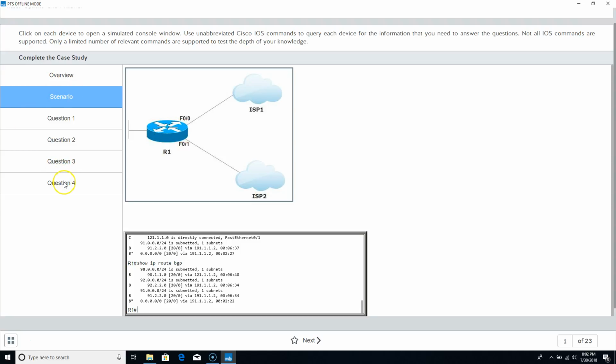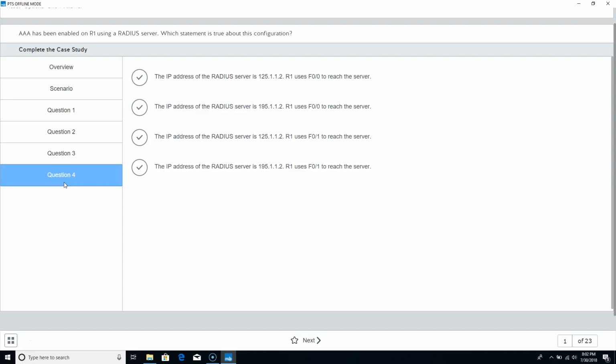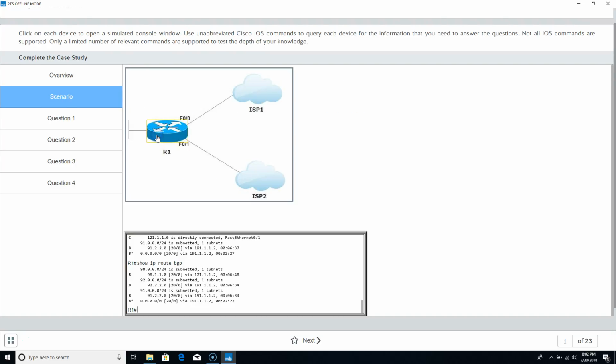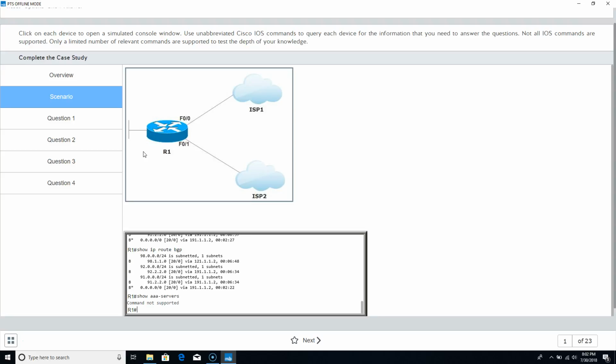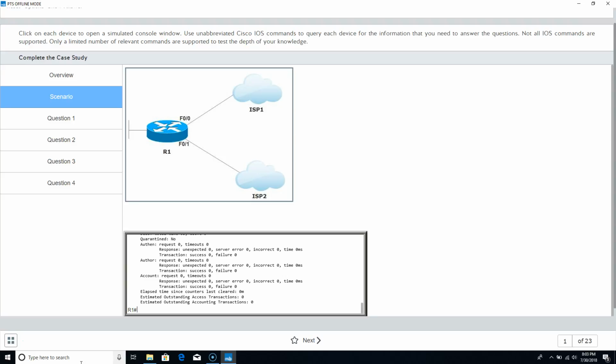Number 4, AAA has been enabled on router 1 using RADIUS. What statement is true? So here we need to run a command called show AAA servers. Okay, the command is show AAA servers.